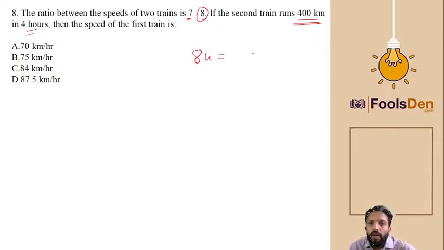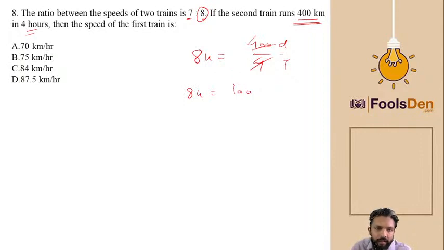let me calculate the speed first. The speed here is the distance 400 and time here is 4 hours. So distance upon time. So we'll get the speed. Speed is 8x equal to, if 8x is equal to 100, we need to tell the value of 7x.